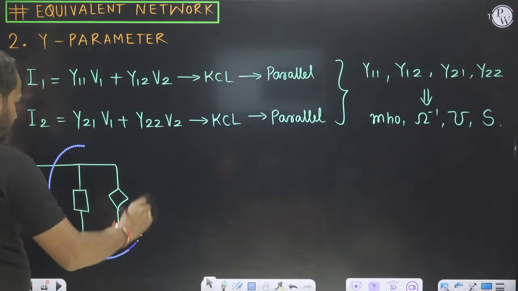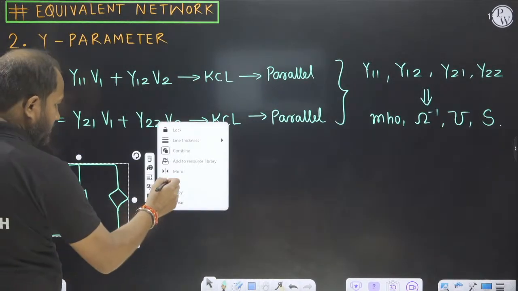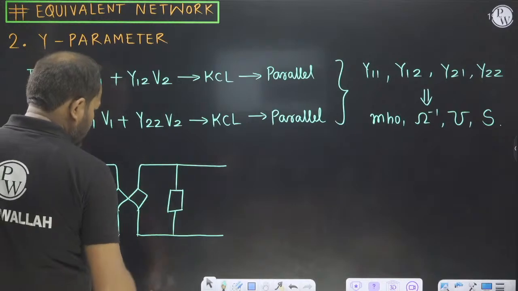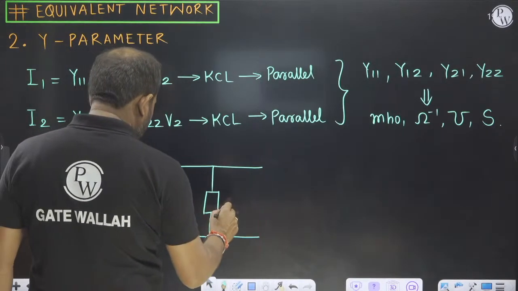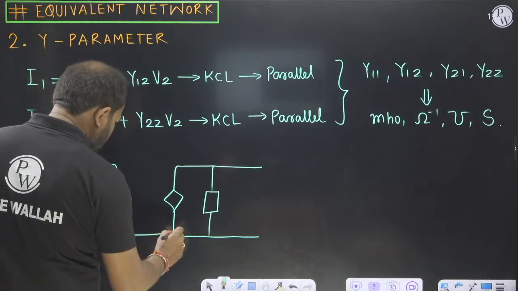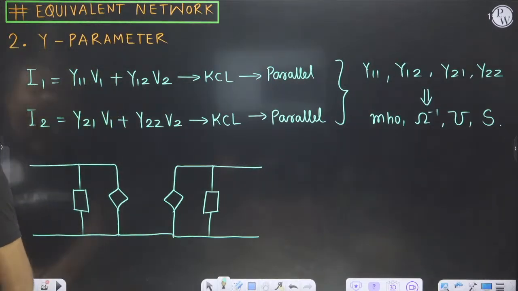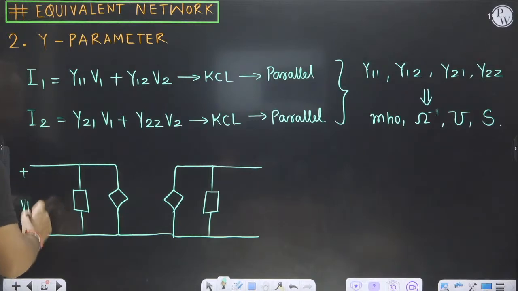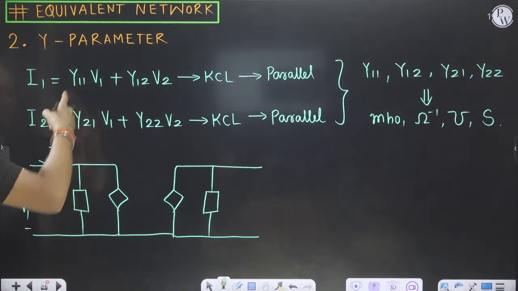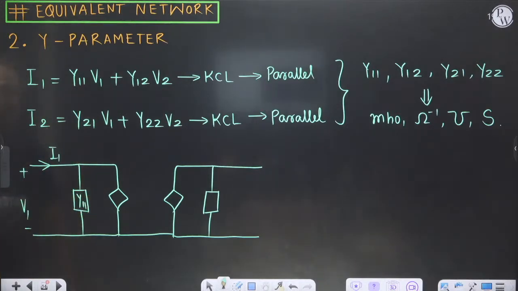Again we have voltage V1, current I1. So V1 into Y11, so this is Y11.